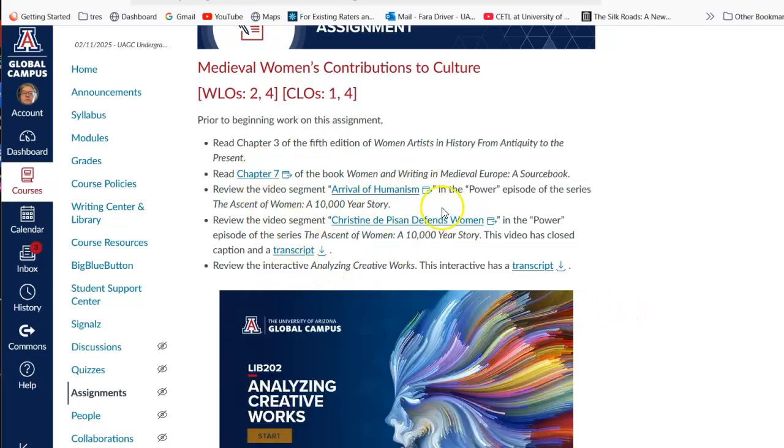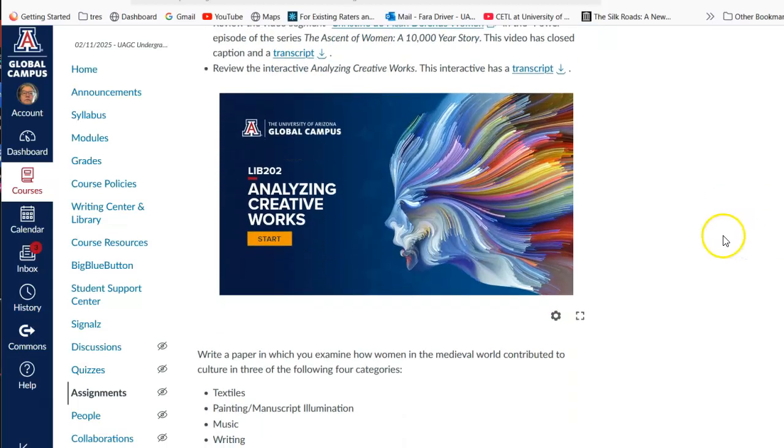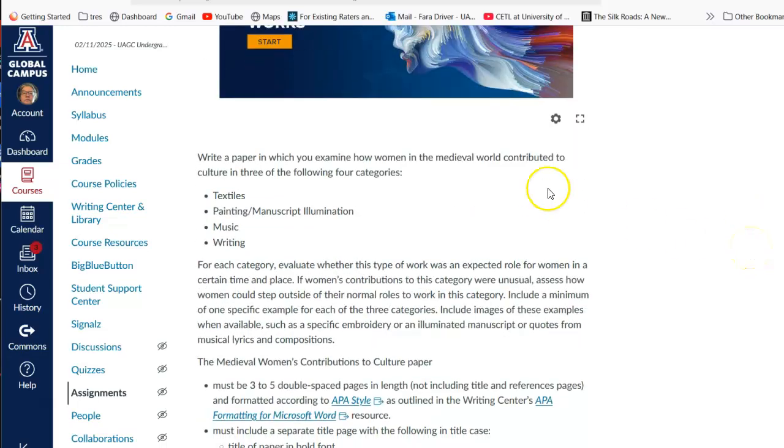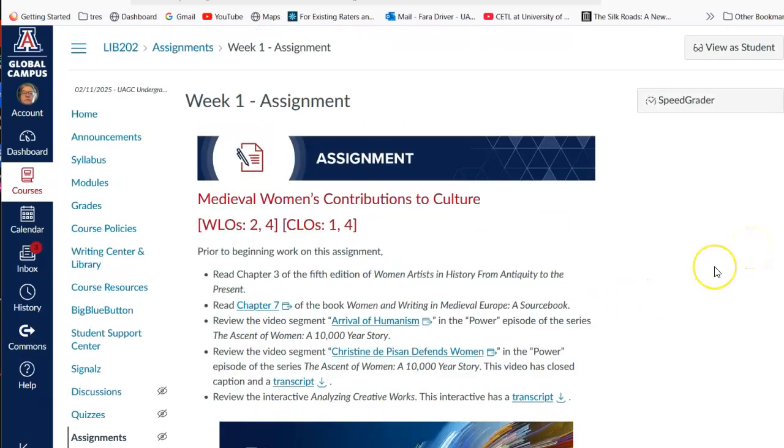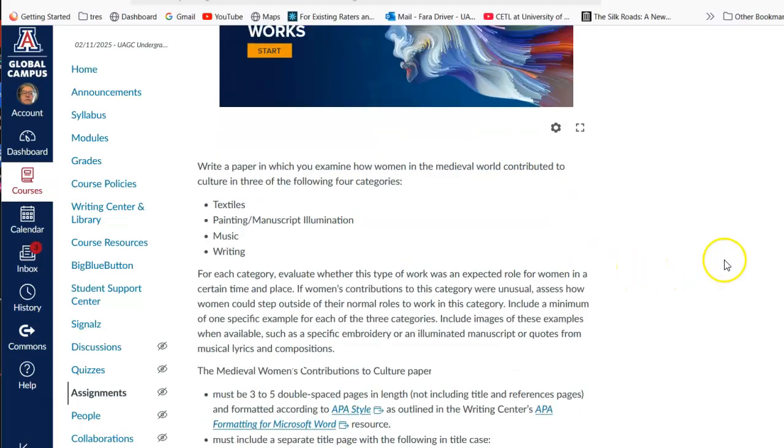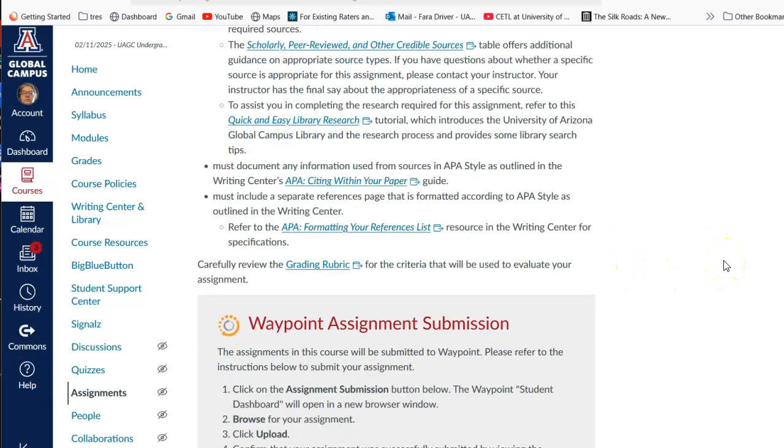All of these are required, which means you're going to need to cite from each of these in the body of your work, right? You're going to watch the video analyzing creative works. And then the grading rubric for it is located here.